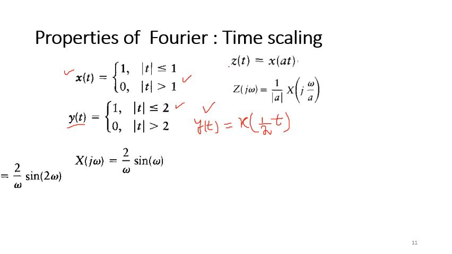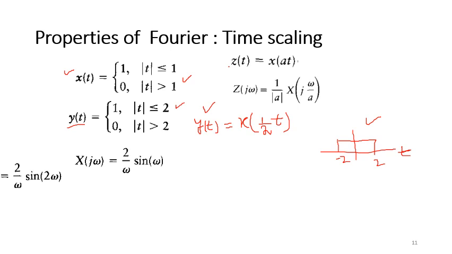Okay, so we can do it either way. We can straight away find it, because y of t is equal to 1 from minus 2 up to 2, so we use the Fourier transform analysis equation and find the Fourier transform.